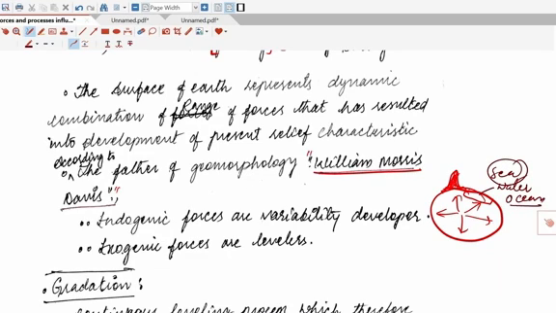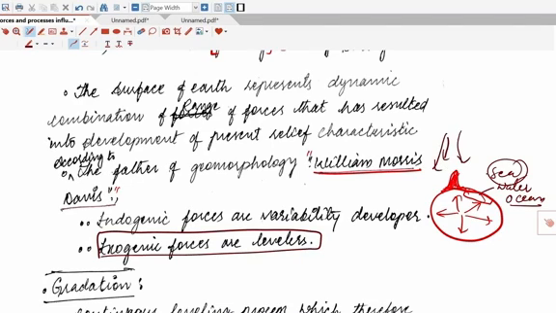And next, what he said is that exogenic forces are the levelers. These are the external forces which help in leveling the surface of the land. See these mountains: due to gravitational forces or water or some other minor factors which you have seen, the relief breaks down into granular forms, and slowly, with the help of gravity, water or air, this comes down and settles in the slope area.